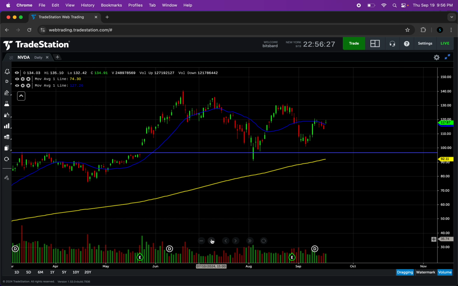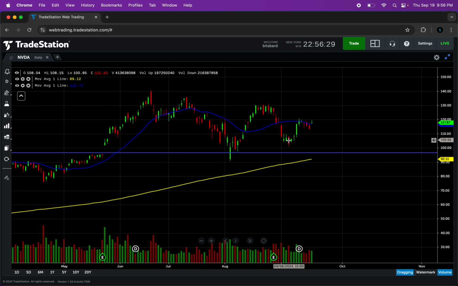So I'll zoom in here. As this was pulling back and retracing, I kept an eye on it daily, and what I was looking for is at any point, did we break the prior day's high as we started this pullback?